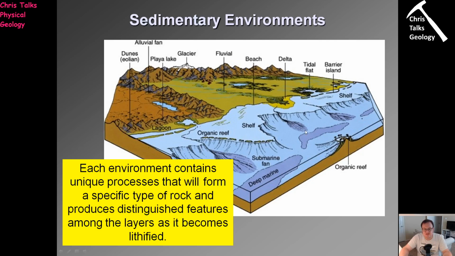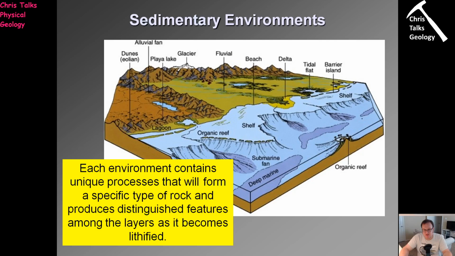Now each of these different environments have different conditions, and that will mean that certain types of rock will be more likely to form in these different environments. So for instance, in an organic reef or coral reef, we would obviously expect to find rocks like limestone, and we would expect those limestones to have very large quantities of fossils in them, particularly coral fossils.